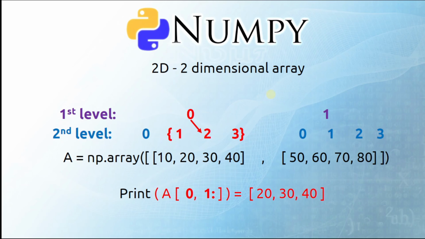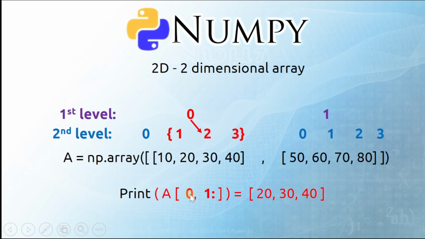Another way of slicing arrays. So let's say I need to get the values under 1, 2, 3. So here you have a two-dimensional array. You simply type print A[0]. 0 would give you all of that row. However, if I need to start from index 1 to the end while excluding the value at index 0, you simply type 1 colon. This would give you 20, 30, 40. This is how you can access a multi-dimensional array.